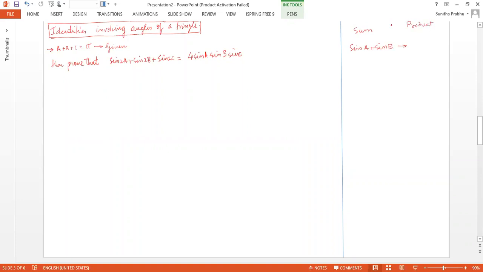So that is what we need to use here. The moment you see sum here and product here, I know I can take two of these at a time, and convert sine plus sine into sine into cos, right?